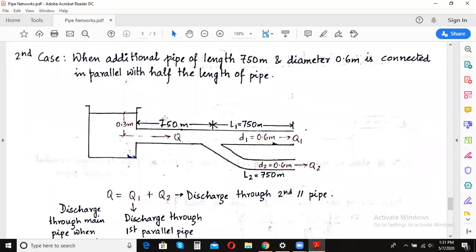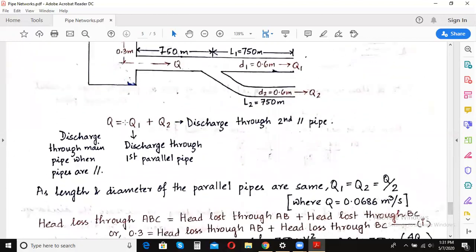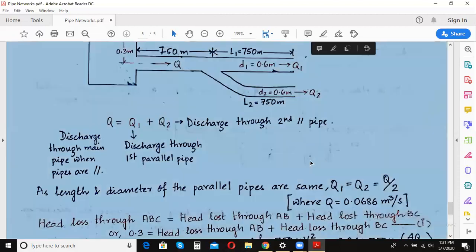This capital Q, the discharge of the single pipe, is going to be equal to Q1, the discharge from one parallel pipe, plus Q2, the discharge from the other parallel pipe. It is written clearly here. So this is my main expression for discharge.